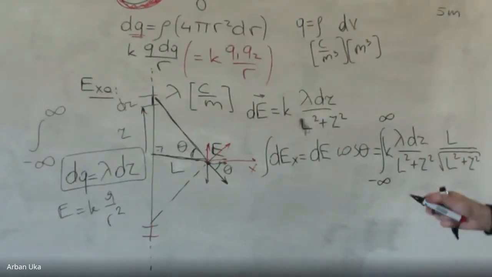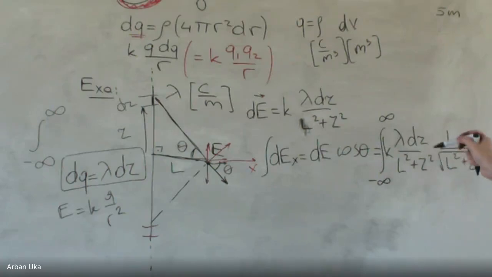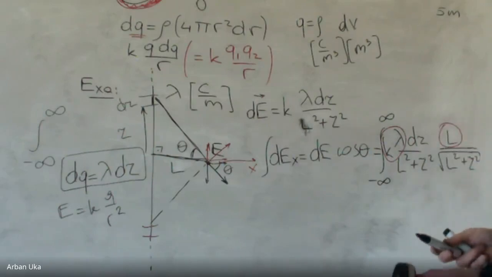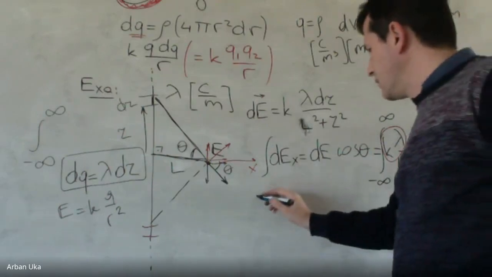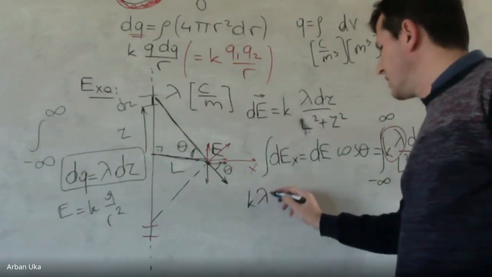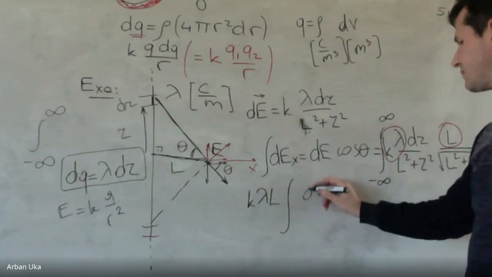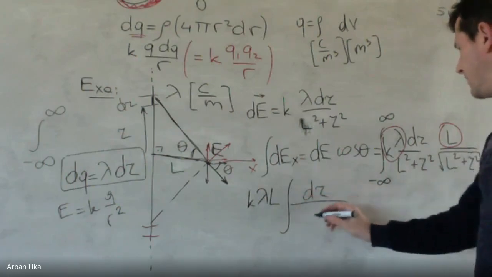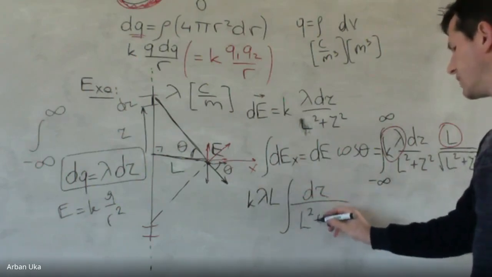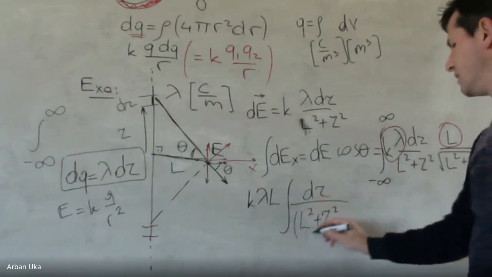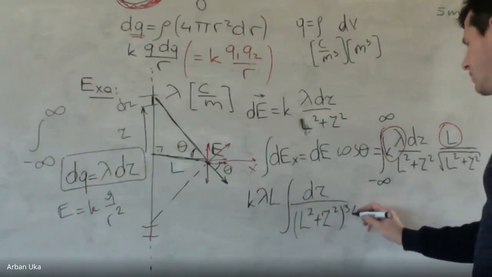And then I guess we can easily determine some terms that we can take out of the integral, because these are constants. Inside the integral, we're left with k lambda L, and then dz divided by L squared plus Z squared to the power 3 over 2.